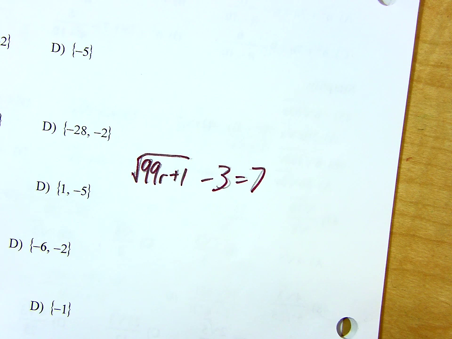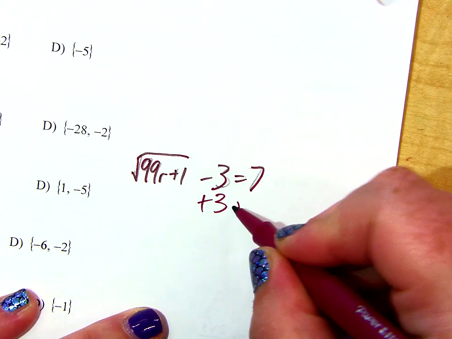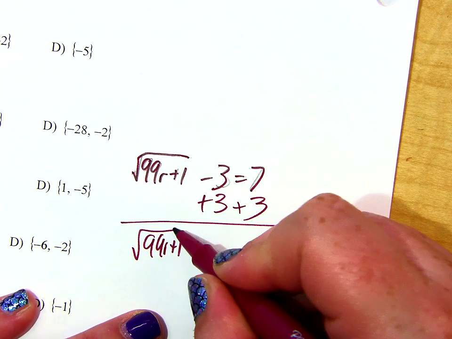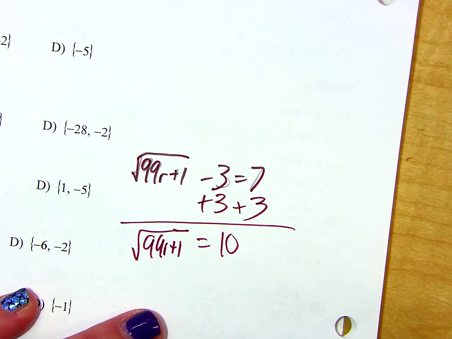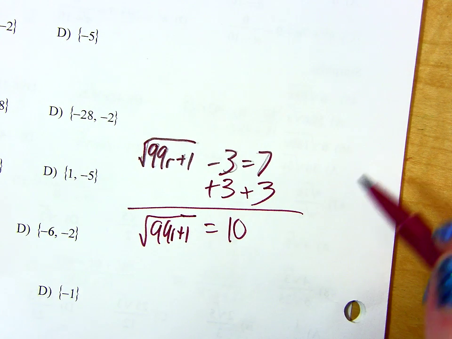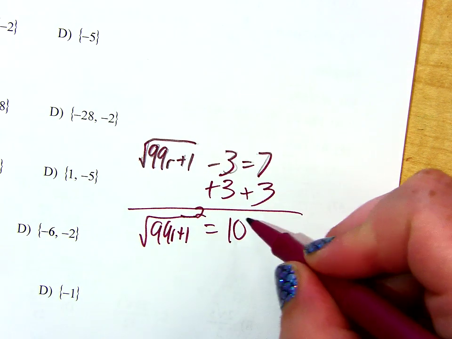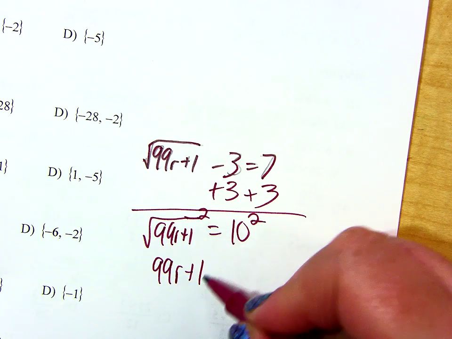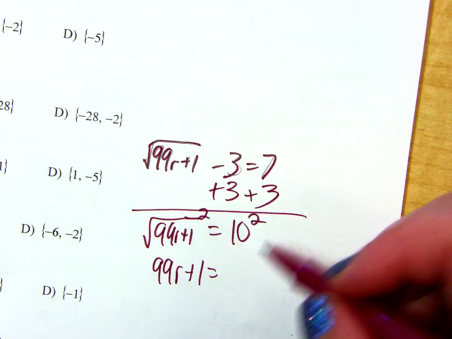First thing you need to do is get the square root by itself. So you should add 3 to both sides. And then do you square it? Yep. Once the square root is by itself, to undo a square root, you square both sides. A square root and a square just cancel each other out.